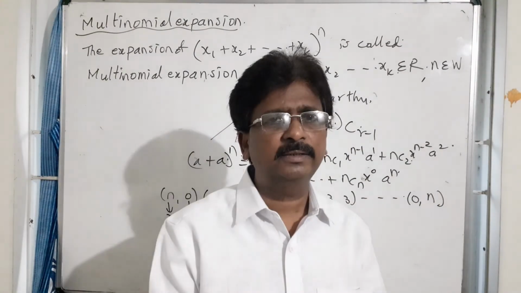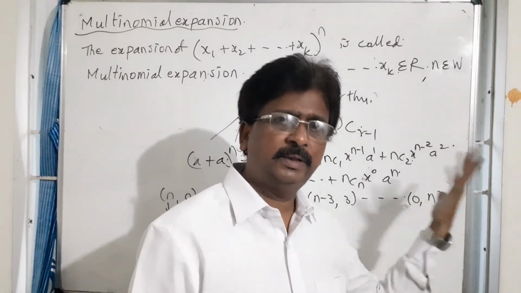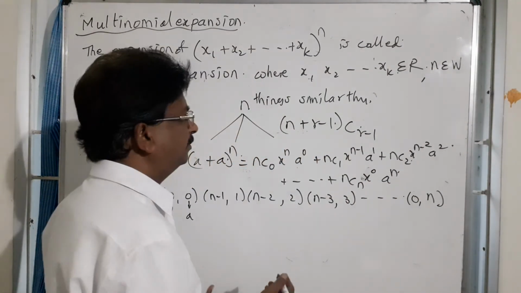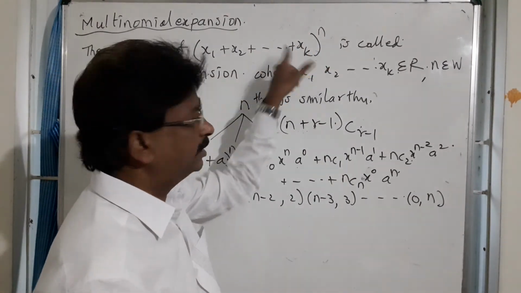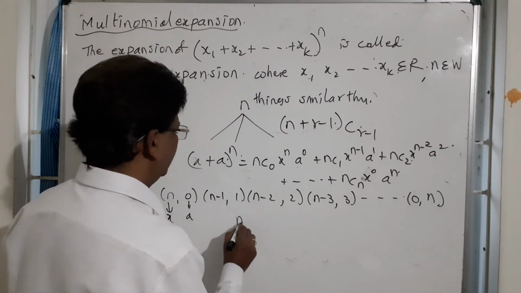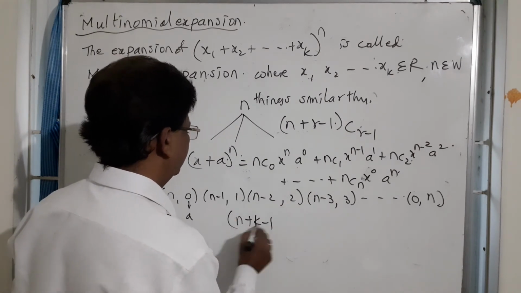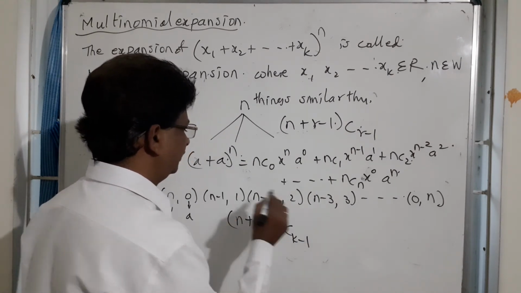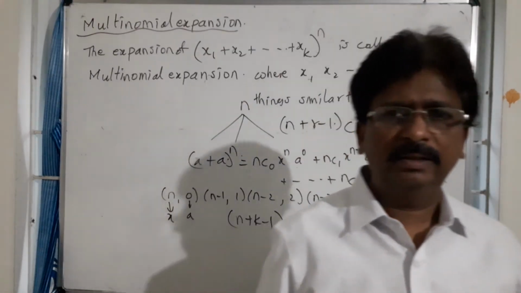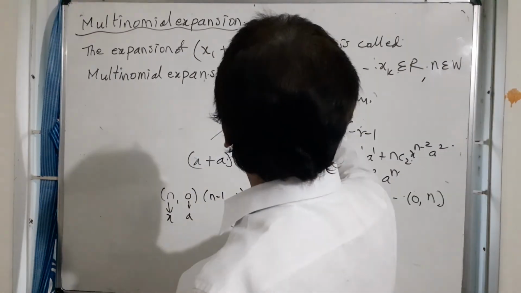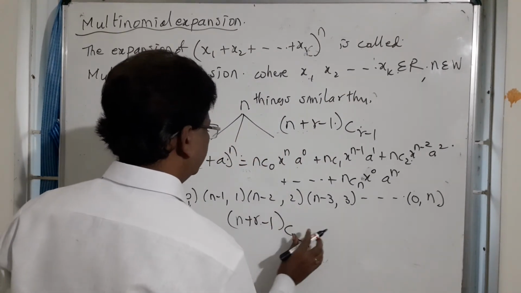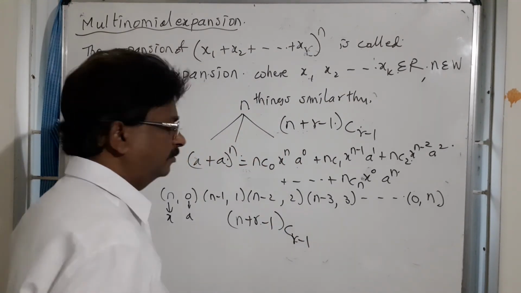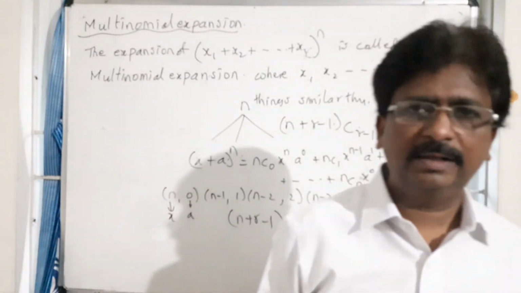According to this formula we can write: the number of ways of giving n similar things to all these k persons is n plus k minus 1 C k minus 1. How many terms will come?